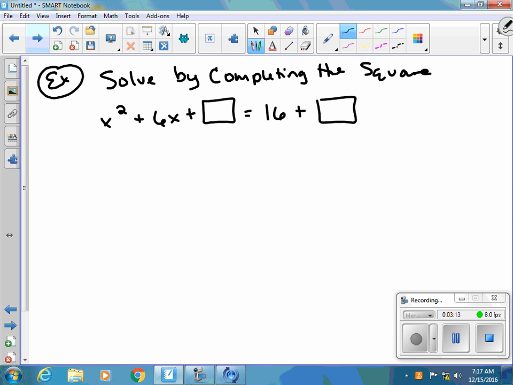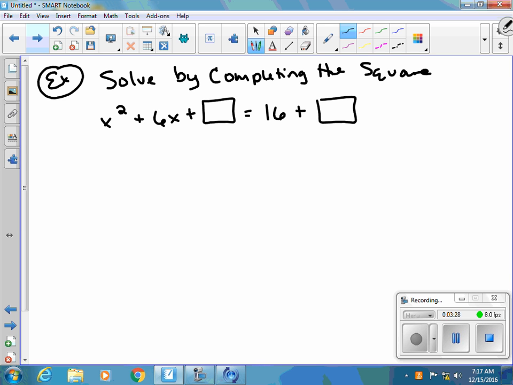Notice I put a box here. Actually, I should call it a square because we are going to complete the square. Right now it doesn't equal 0, and that's okay. We just need to complete the square, and that'll take care of everything else.